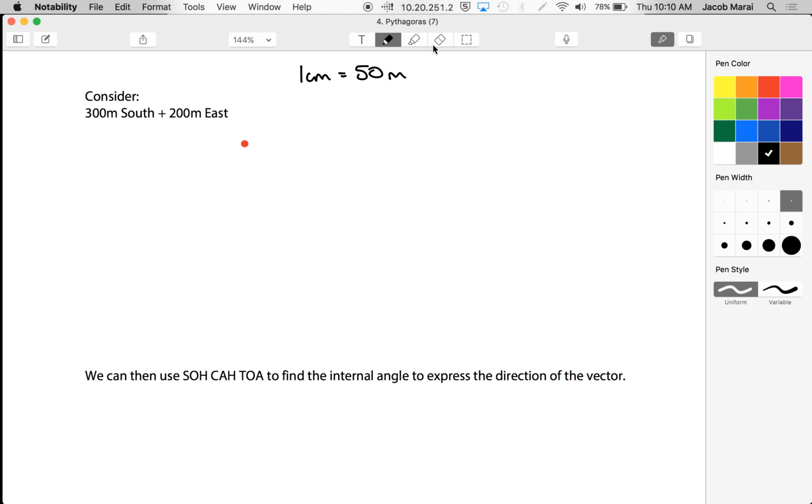And that way, instead of just drawing a 3 centimeter line, we can draw a 6 centimeter line. 6 lots of 50 gives 300. And then a 4 centimeter line would then represent 200. Okay. And then here comes our resultant.